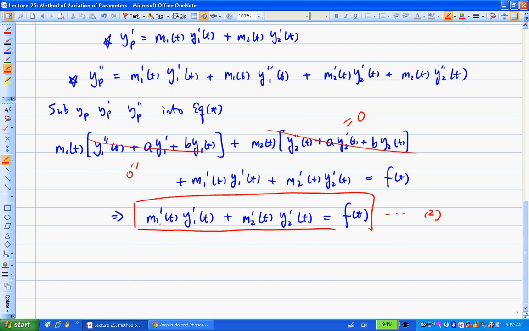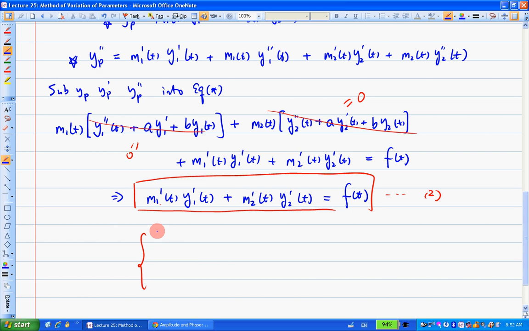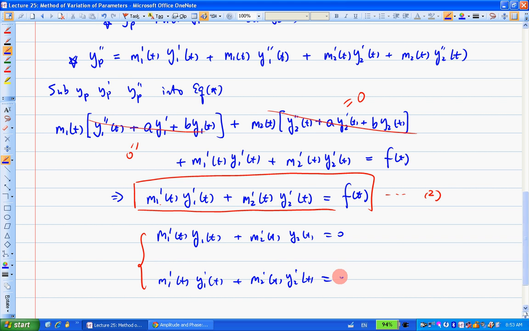Let me rewrite this alone here. I have two equations. One equation is m1 prime of t y1 of t plus m2 prime of t y2 of t equals 0. The second one is m1 prime of t y1 prime of t plus m2 prime of t y2 prime of t equals f of t.